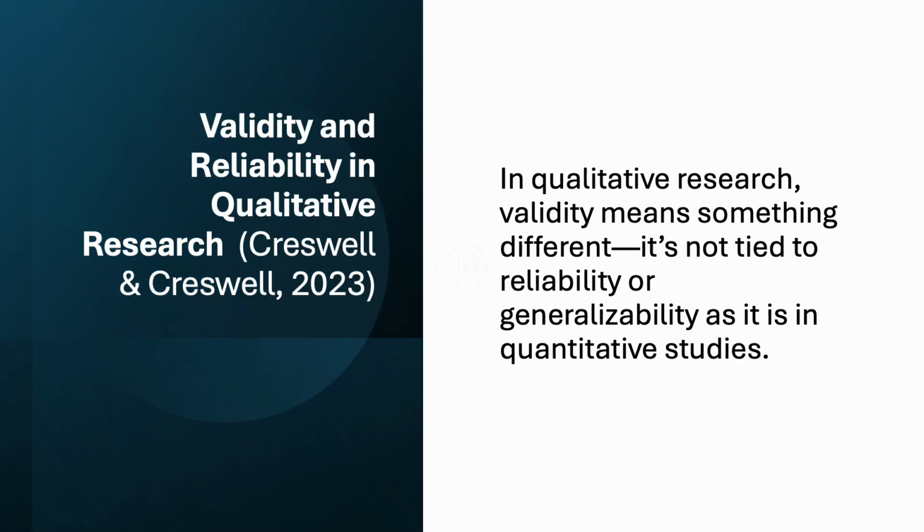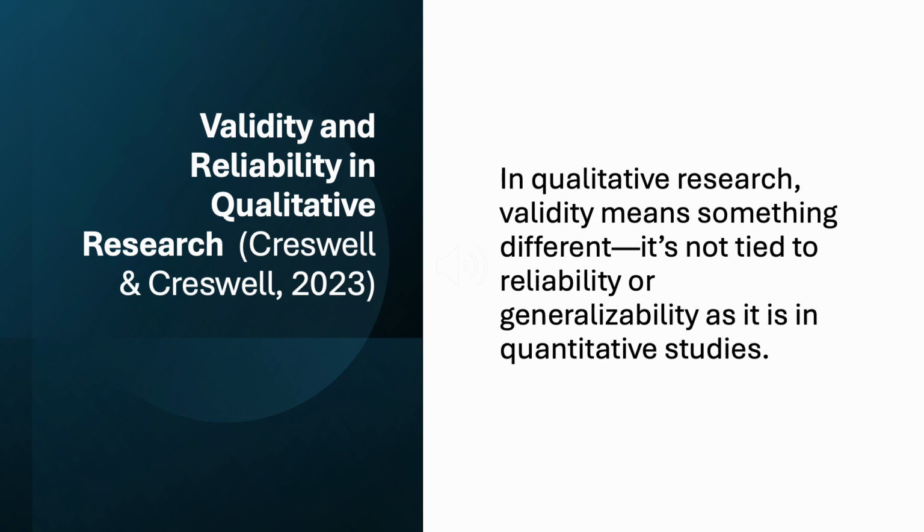In qualitative research, validity does not carry the same meaning as in quantitative studies. It is not directly linked to reliability, which focuses on consistency, or to generalizability, which refers to applying findings to other settings or populations. Instead, validity in qualitative research refers to how accurately the findings reflect participants' experiences, using specific procedures to ensure credibility.